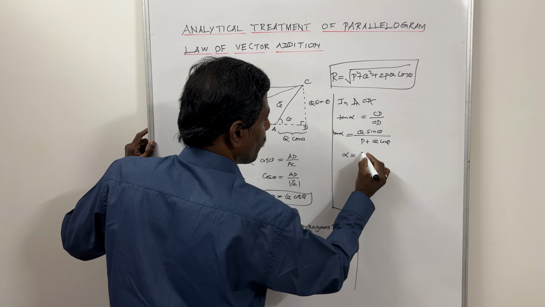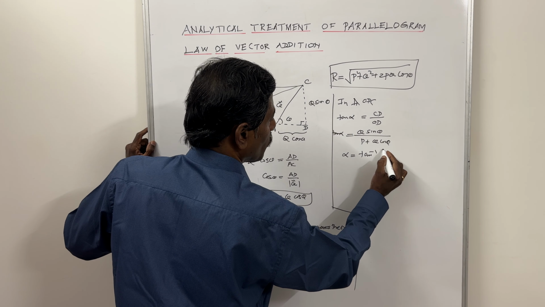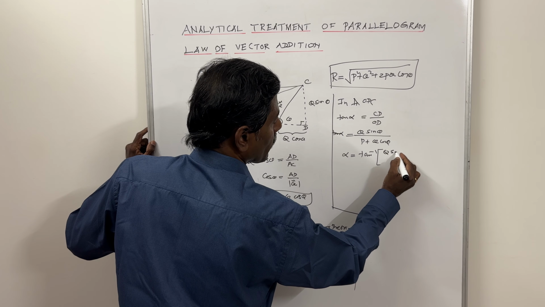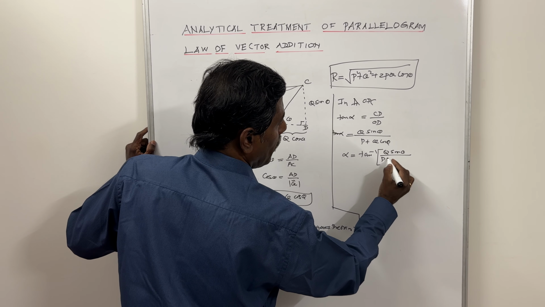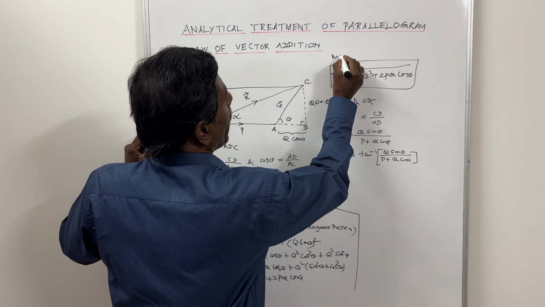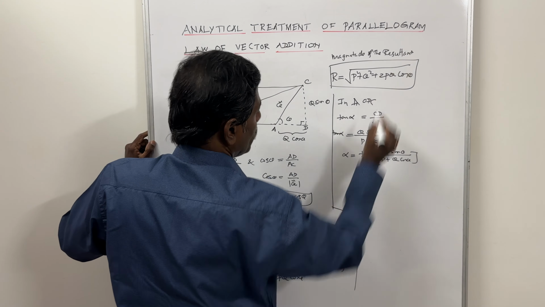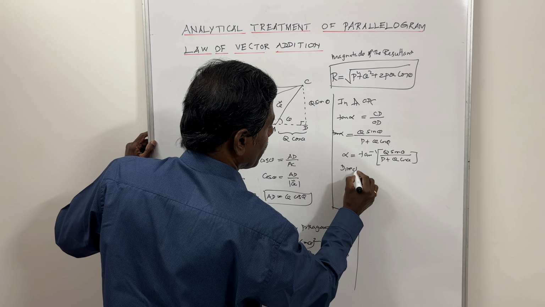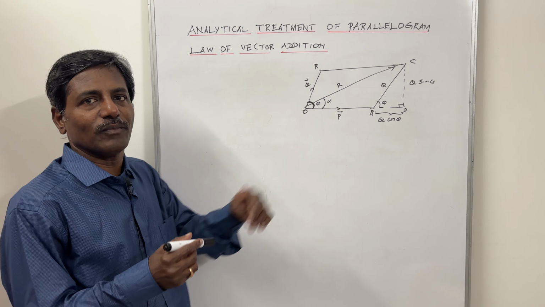So the resultant direction is tan inverse of Q sin theta by P plus Q cos theta. So this is the magnitude of the resultant and this is the direction of the resultant. Now we discuss the special cases of the theorem.